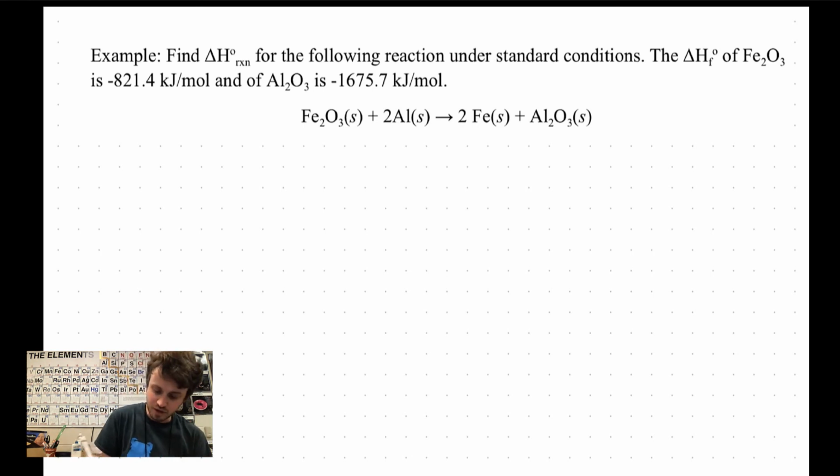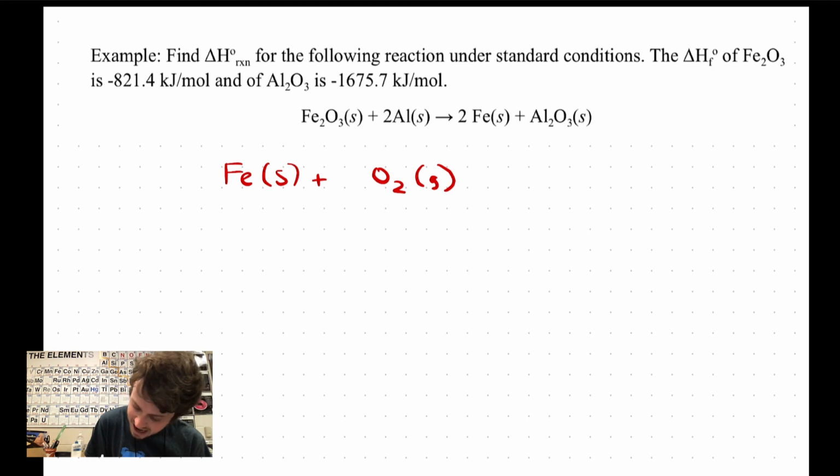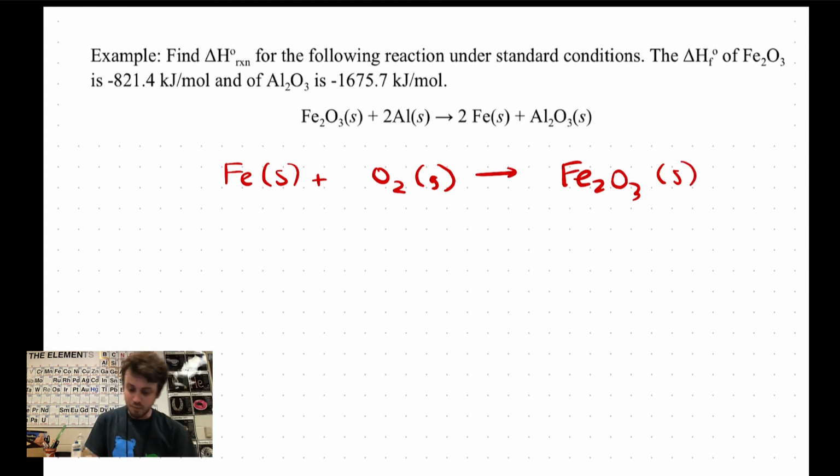The heat of formation for Fe2O3 would be Fe solid plus O2 gas yields Fe2O3 solid. Once again, I do have to make sure that this is balanced, and I would do it like that. I'm going to put off to the side here that my delta H of formation for that reaction is negative 821.4.